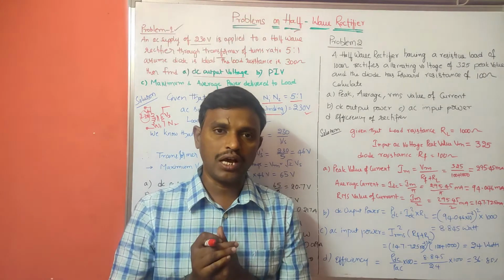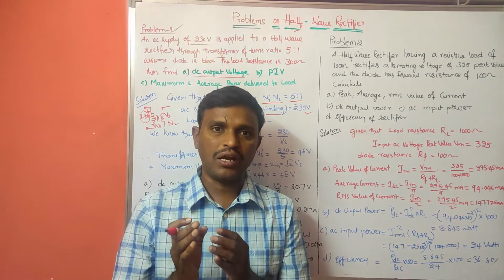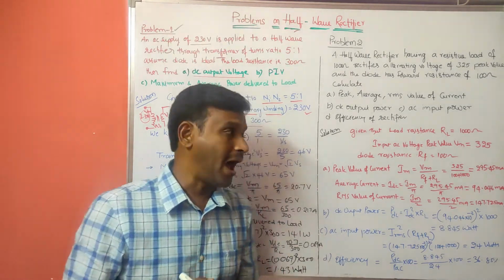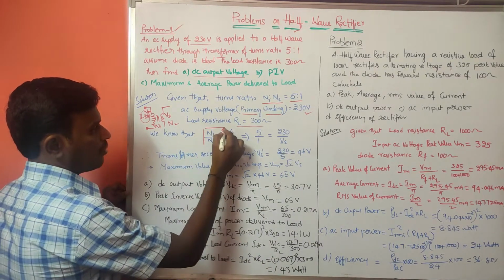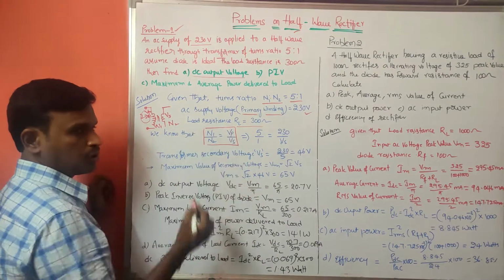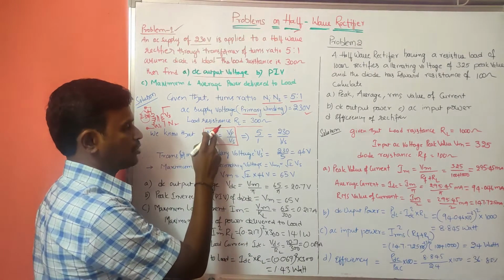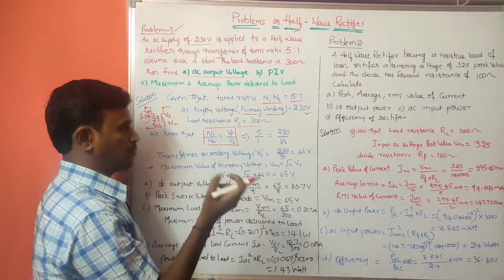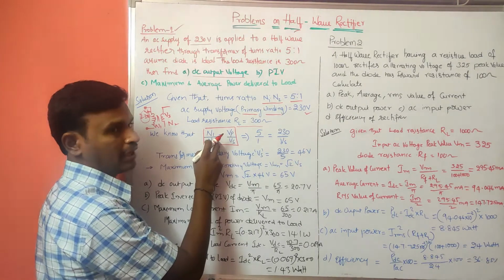We have the relation between the primary and secondary winding voltages and the turns ratio like this. This is a very important formula for this type of problems. N1 by N2 is the turns ratio, where N1 is the primary winding turns and N2 is the secondary winding turns.